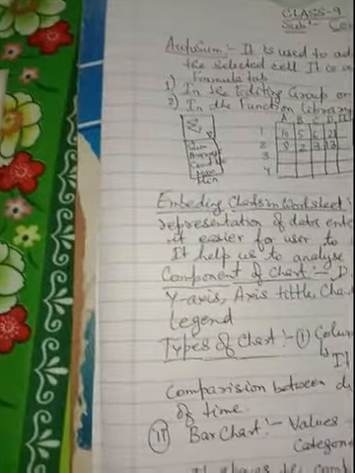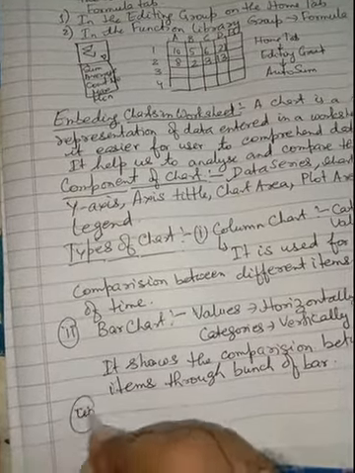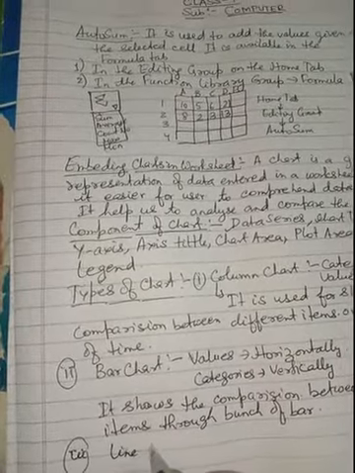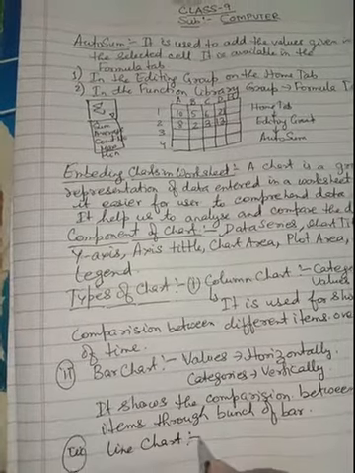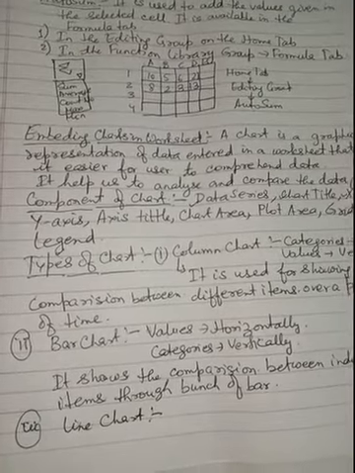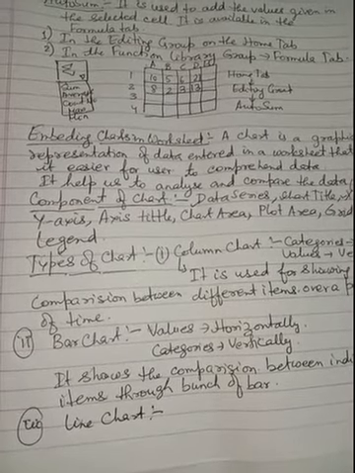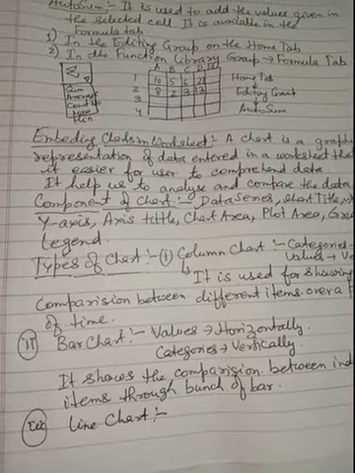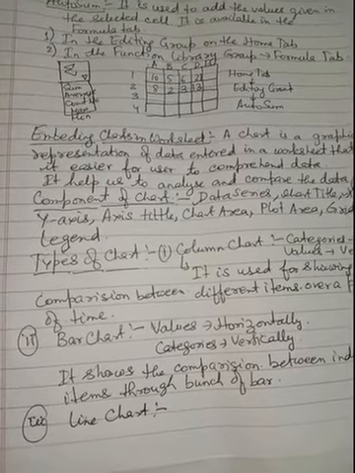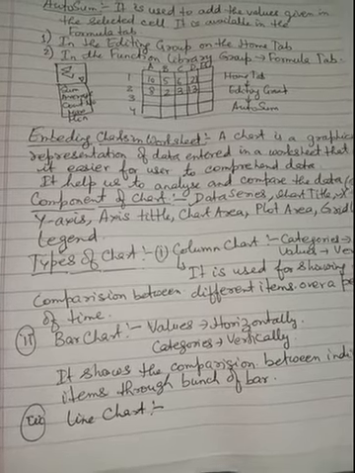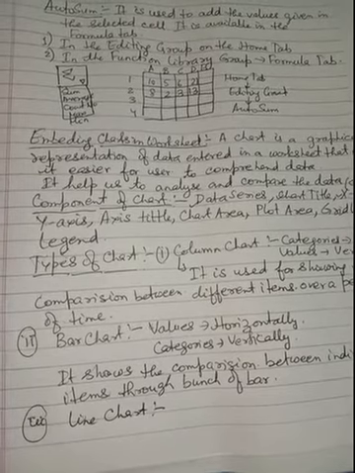Now the next type of chart that we are going to discuss is the line chart. So what does the line chart do? Here, data at equal intervals can be compared using the line chart. We have many points to plot and the data trends are important, and we can make the line graph.